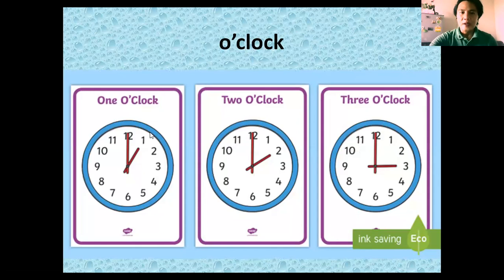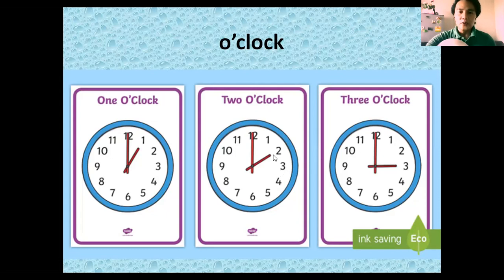For example, like this. The long hand of the clock is pointing to number 12, that is o'clock. Look at this picture. That is 1 o'clock. The next clock, that is 2 o'clock.